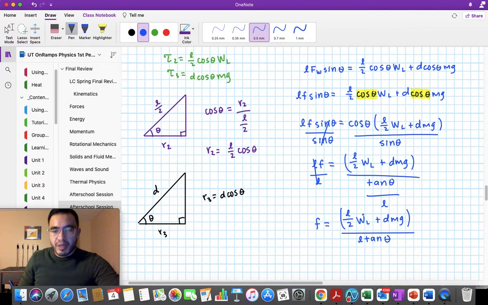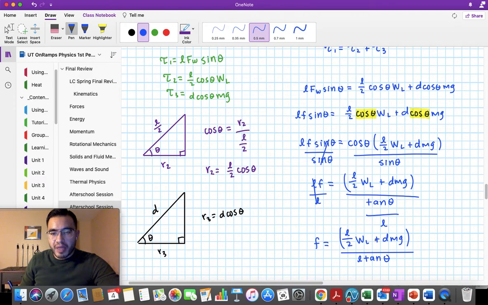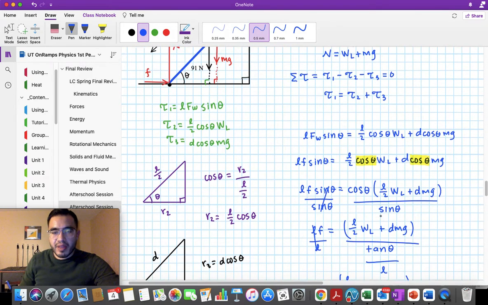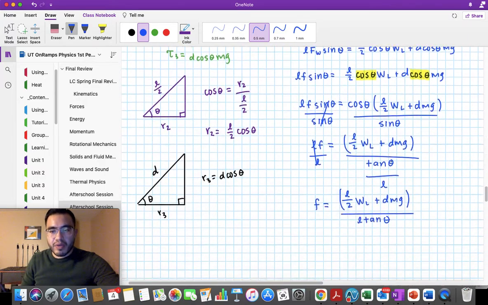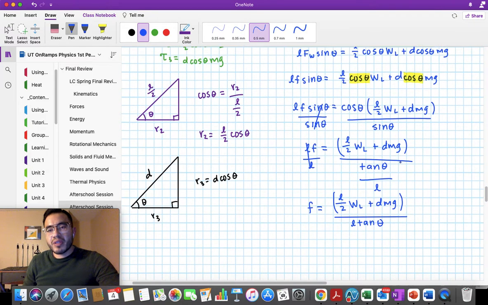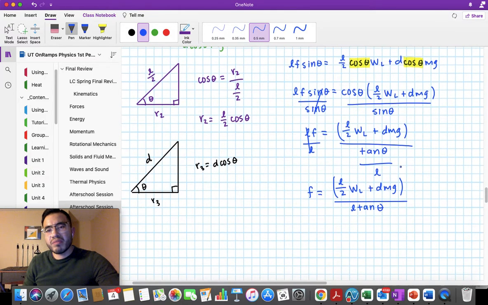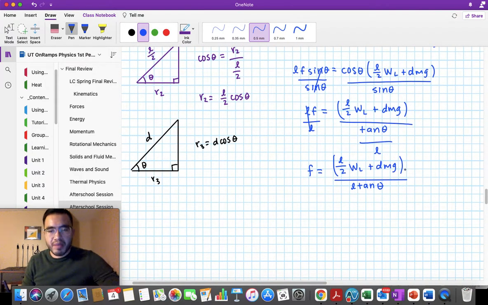And we have all of this, right? We have the length of the ladder, weight of the ladder, dmg, and theta. All of it we have. We didn't even need the coefficient of friction. This is fine. Okay, let's not make this complicated.